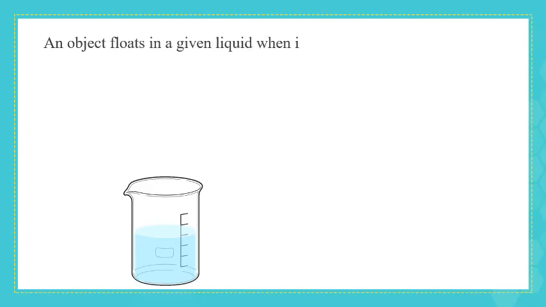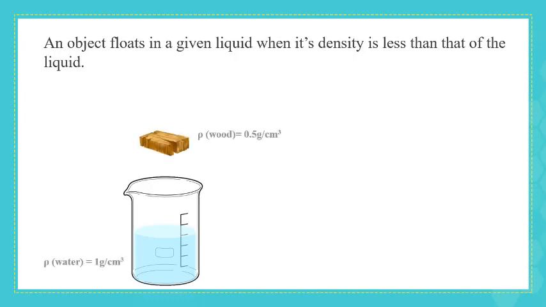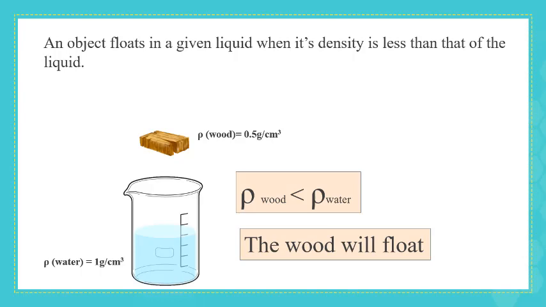An object floats in a given liquid when its density is less than that of the liquid. Let's see. This is the piece of wood where its density is 0.5 gram per centimeter cube, and this is the density of water that is equal to 1 gram per centimeter cube.